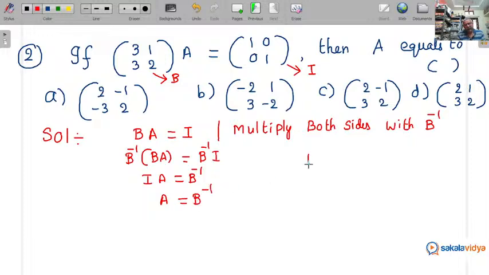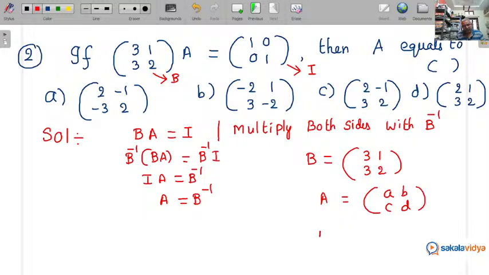As B is equal to [3 1; 3 2], we need to find its inverse. How to find the inverse? I will give one formula. For a matrix [a b; c d], the inverse is 1 by (ad minus bc) into: interchange the first diagonal, d and a, and change the signs of the second diagonal, minus b and minus c.